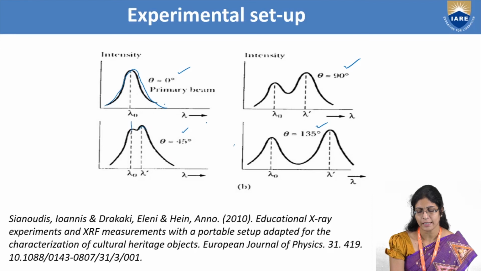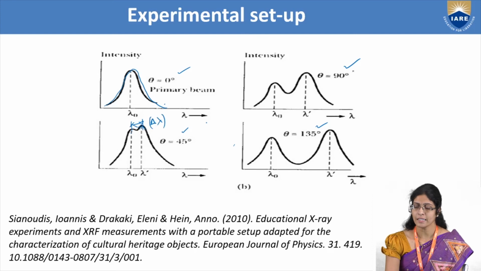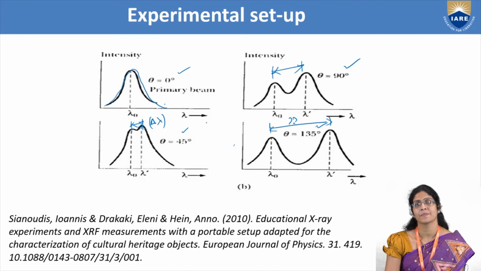If you take the difference between these two intensities, that's where you get the wavelength shift. When theta is increased to 90 degrees, the shift in the wavelength increases, and as the angle increases, it increases more and more. So this is how he could measure the wavelength shift.